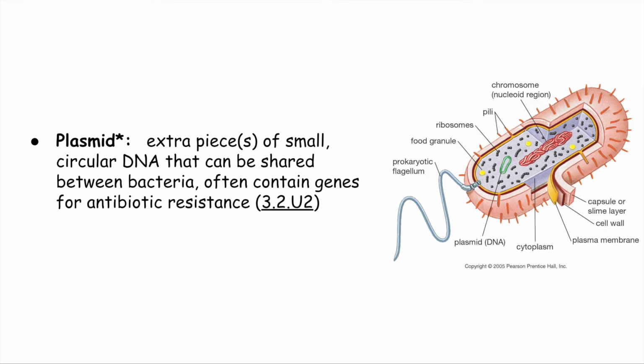Next we have plasmids, which not all prokaryotic cells have, which is why I put the little star there. They are extra pieces of small circular DNA that can be shared between bacteria, and they often contain genes for antibiotic resistance.